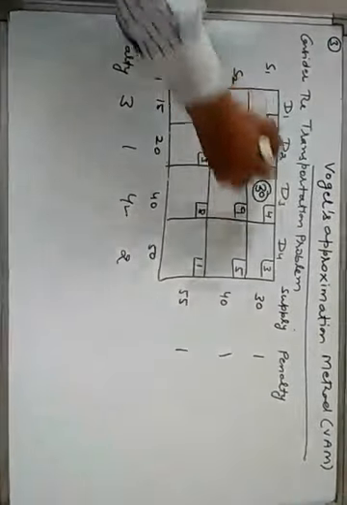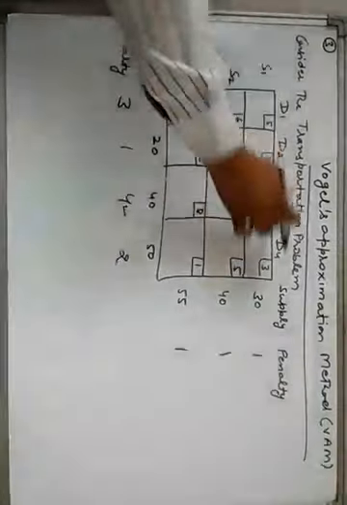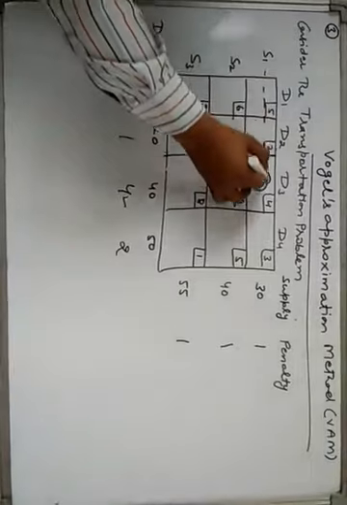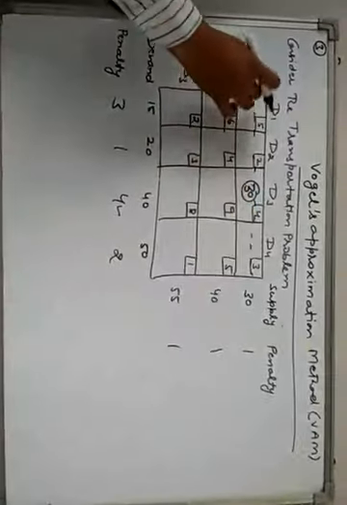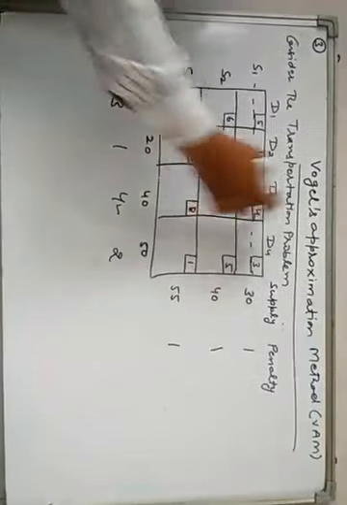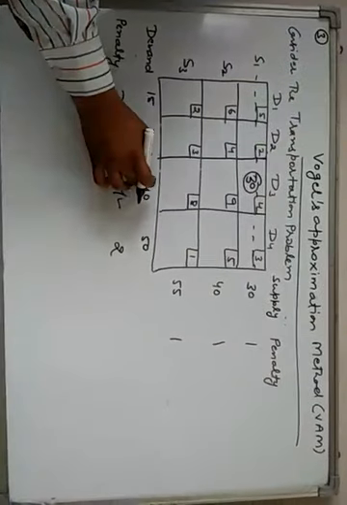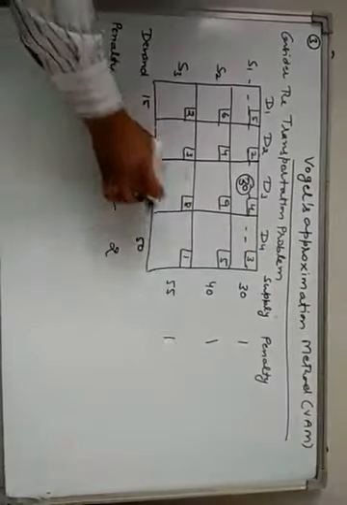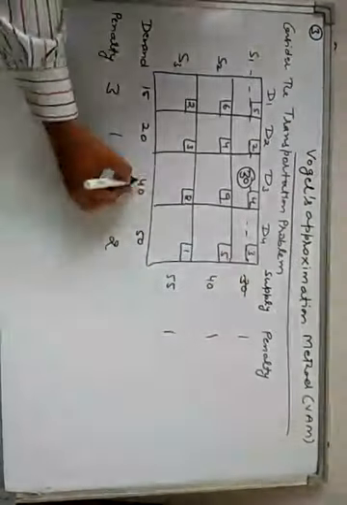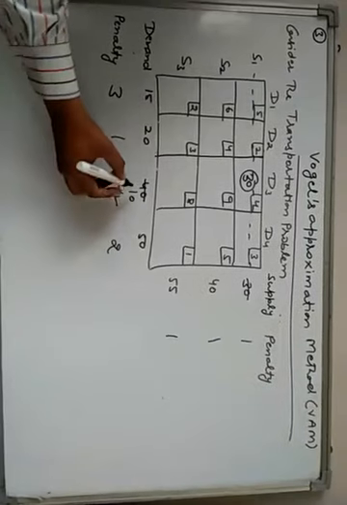As the supply is over in this source, therefore we will cross this row with the dotted lines, and the remaining demand at destination D3 is the difference of these two. The difference of these two is 10. Therefore demand 10 is left at destination D3.